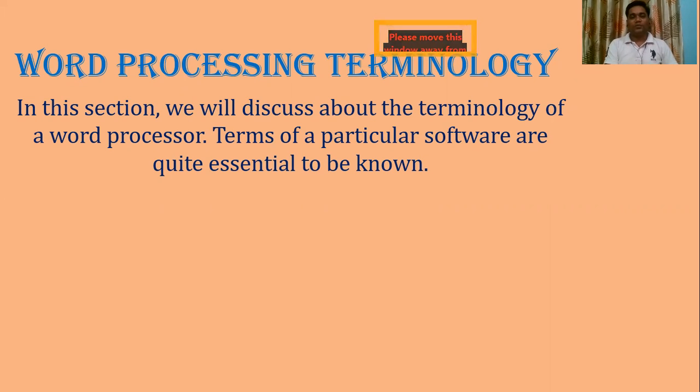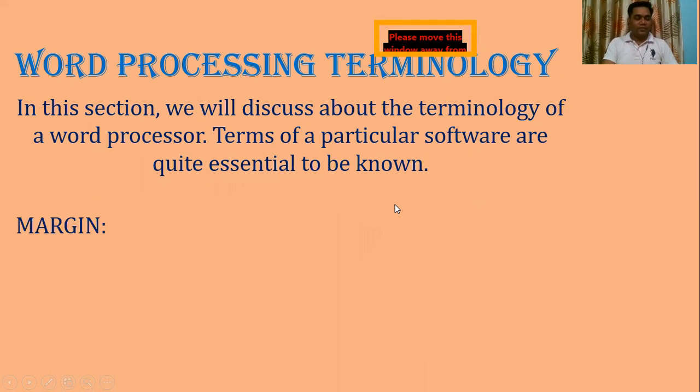If you don't know, then definitely you can't drive properly, and sometimes you may meet an unpleasant incident. So we are going to operate a word processor, and we have to know the word processing terminology and what important terms there are.